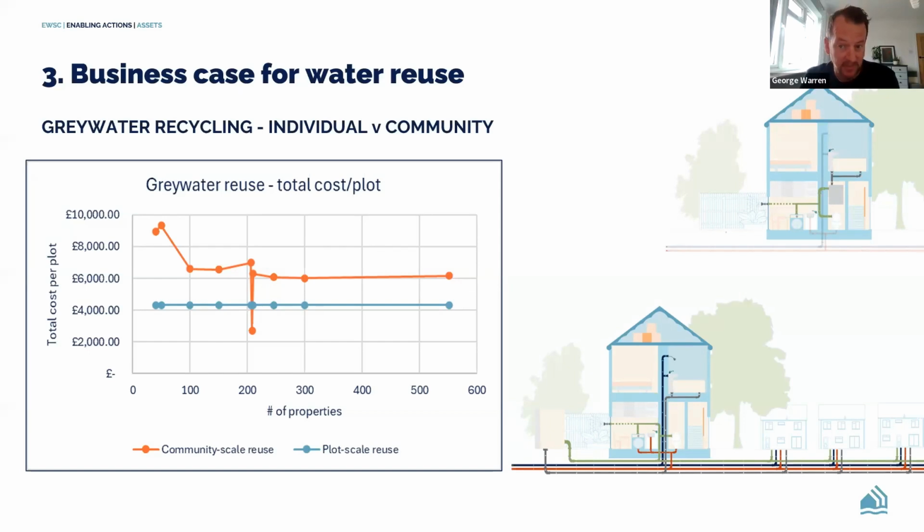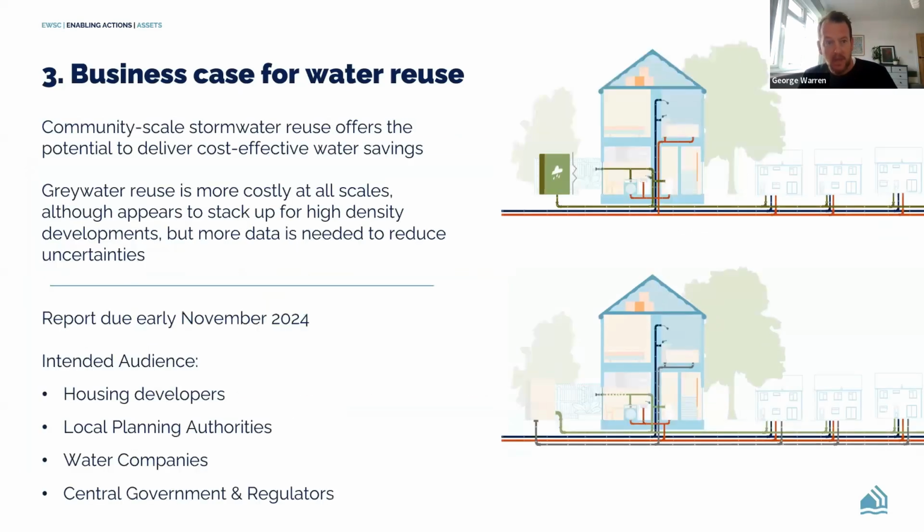But at the minute, the quotations that we've had in for household grey water recycling are around the 4,500 mark, noting that grey water recycling does not require quite the same storage or attenuation element, because obviously it doesn't require waiting for or relying upon rainfall in that respect. But what's key from this is that density really does have a huge impact on grey water recycling.